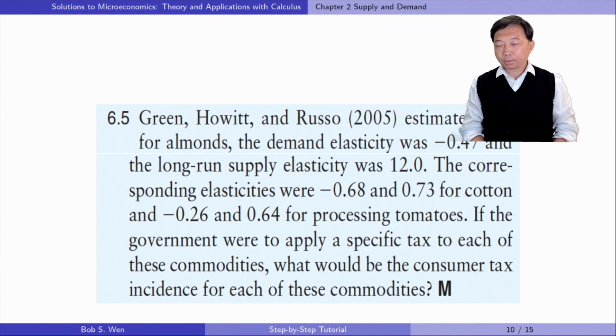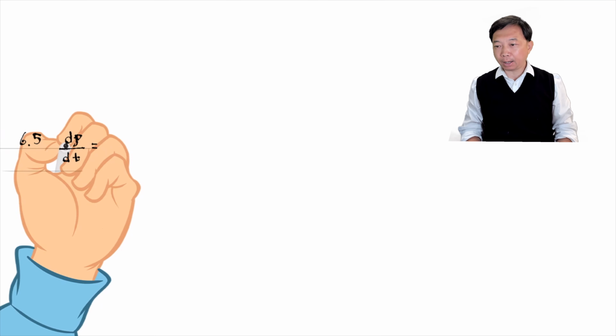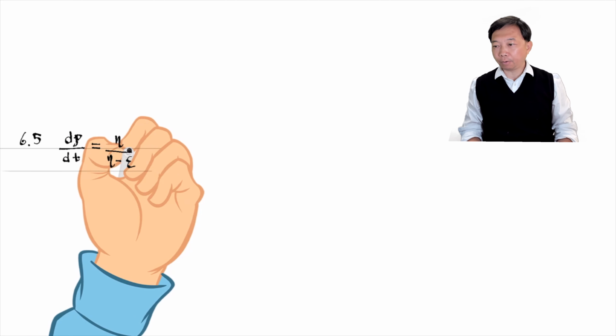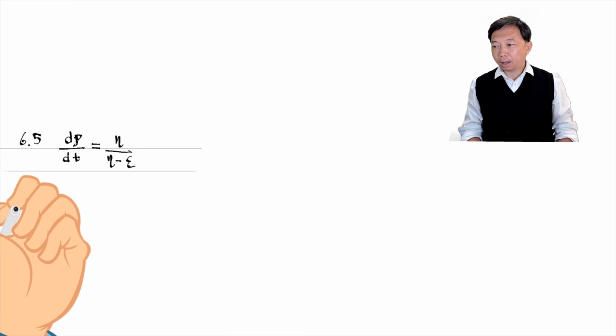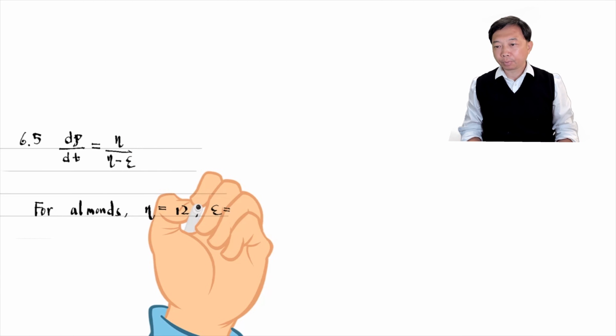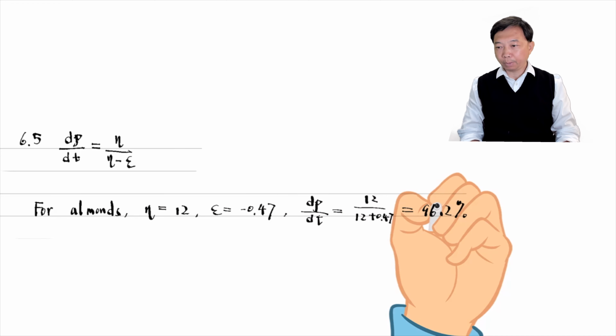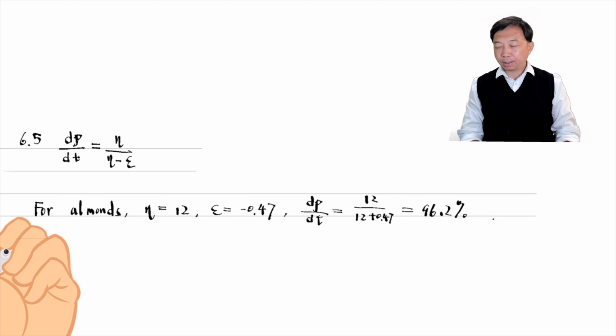Let's do exercise 6.5. We use the tax incidence on consumers formula. We substitute the values of the price elasticity of supply and the price elasticity of demand into the formula and obtain the answers. The tax incidence on consumers for almonds is 96.2%, meaning that 96.2% of the tax falls on consumers.